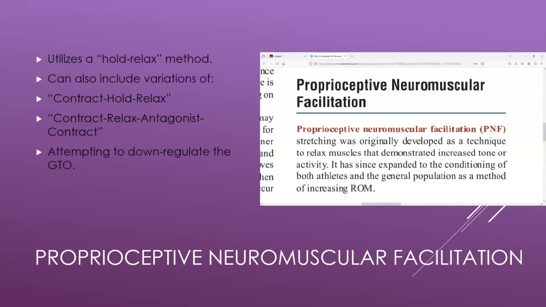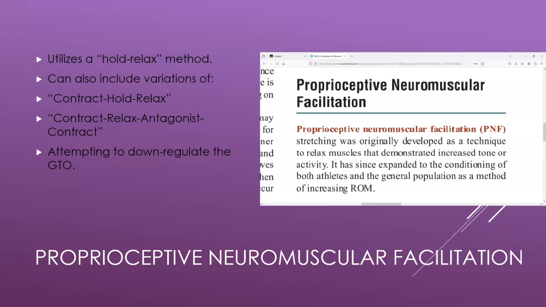If we go into PNF, PNF is a way to help down-regulate, if you will, the GTO. And you're trying to work with the person and you'll use a hold and relax or contract and relax variation. It's a partner method, and in this partner method, one person is being stretched while the other one is helping them stretch.